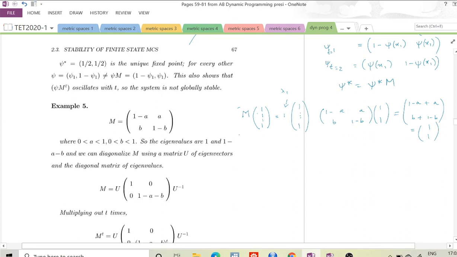And so these are real and distinct eigenvalues.